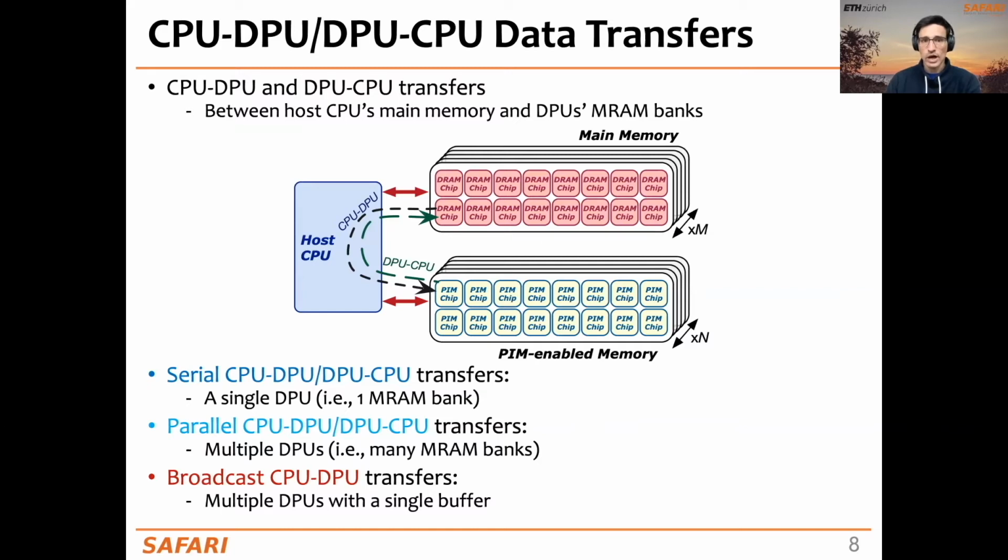The second one is the parallel CPU to DPU or DPU to CPU transfers, where we target multiple DPUs or multiple MRAM banks. And finally, the broadcast CPU to DPU transfers, where by targeting multiple DPUs, we transfer a single buffer to all these DPUs. That's why it's called a broadcast operation.